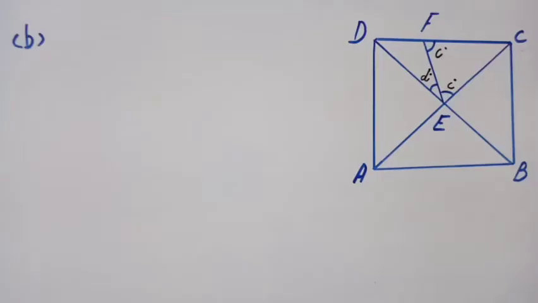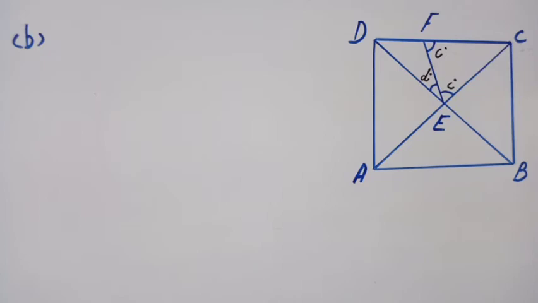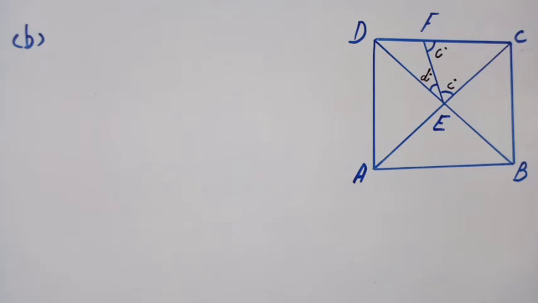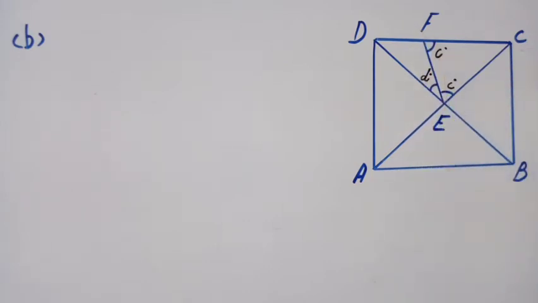In this part B, this is also a square in which two angles are unknown. One is C, the other one is D. C at two positions is equal to this one. It is mentioned here. Why? Because the triangle CEF is an isosceles triangle. This is given, right?